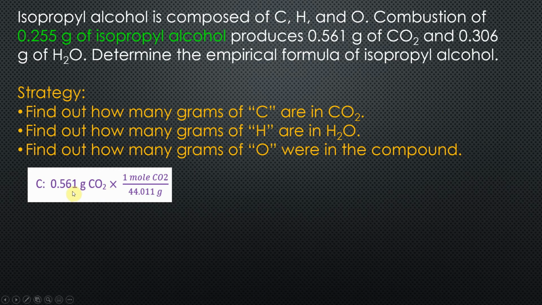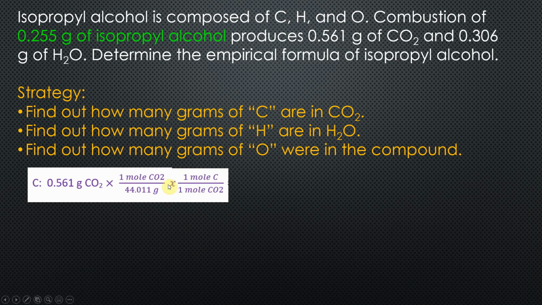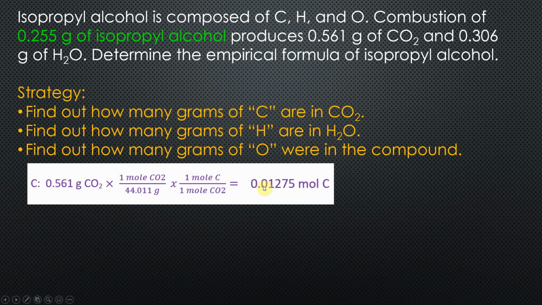So if I take my 0.561 grams and convert it to moles, the molar mass is 44.01 grams per mole, and that gives me the moles of CO2. Well, since there's only one carbon in each CO2 molecule, that means it also gives me the moles of carbon, because the mole ratio is 1 mole of CO2 to 1 mole of carbon. So if I stop here and calculate the answer, that'll tell me how many moles of carbon I have.